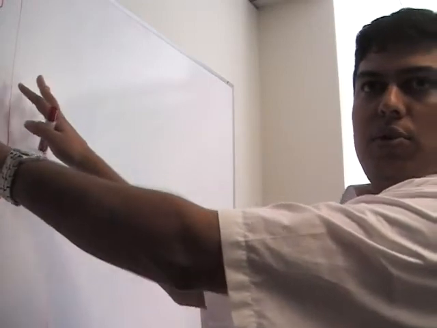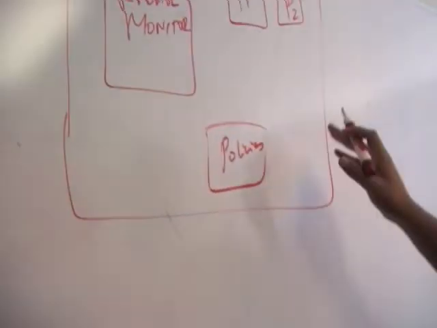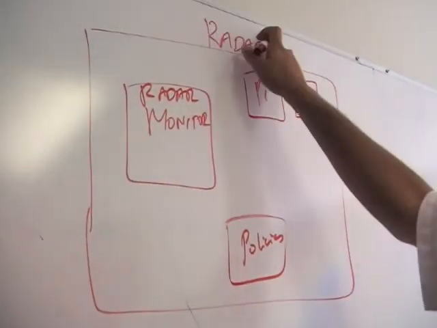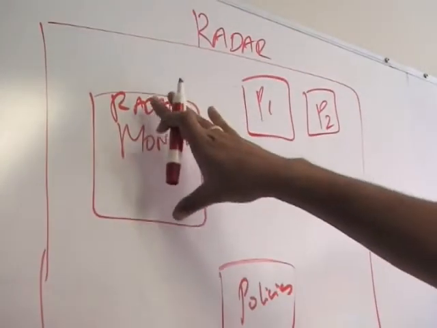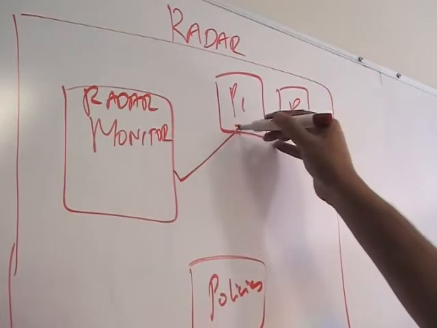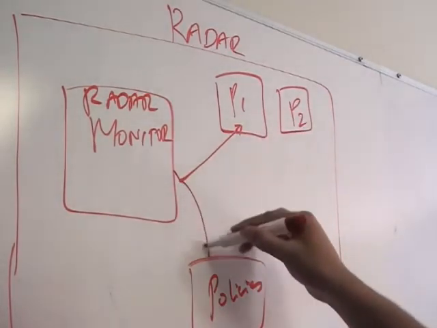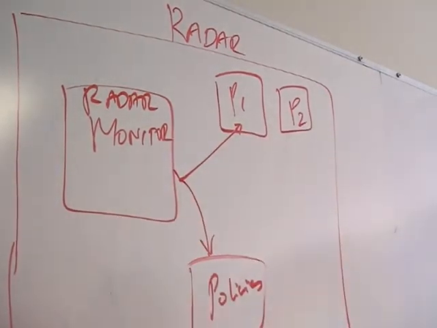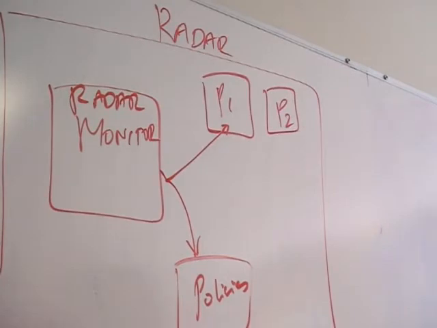So this is the stuff that I'm going to explain to you. Perfect. So essentially, the radar monitor looks at this particular process, and if it finds a process that's really interesting, it checks the local policies and asks, should I even do leak detection on this one? Is this worth doing?